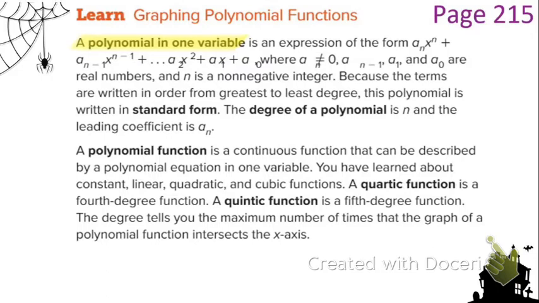So for it to be a polynomial in one variable, we can have no negative exponents. I'm going to add that to the side. So, no negative exponents.